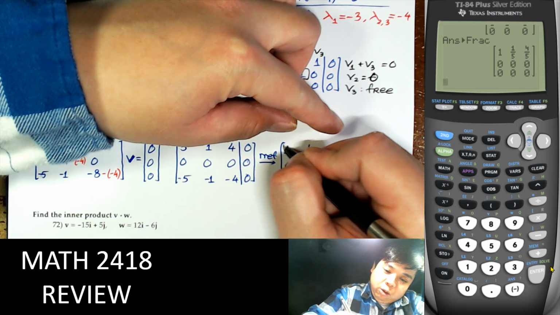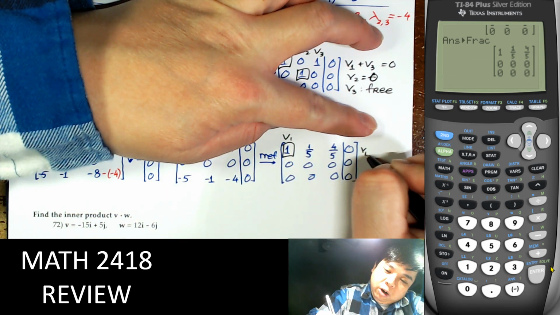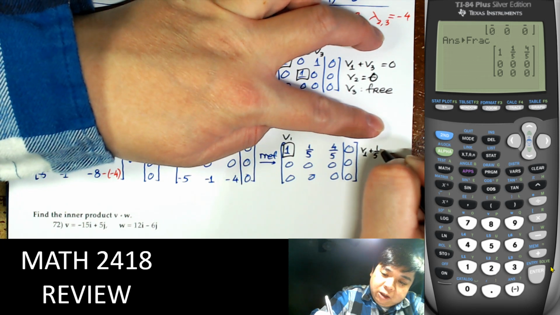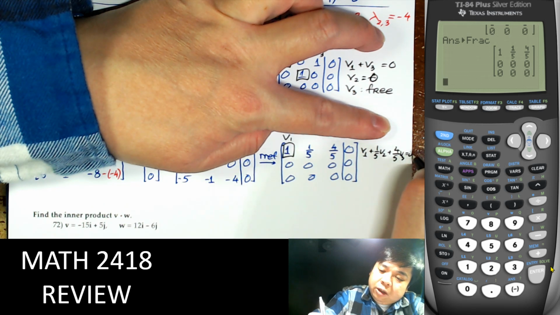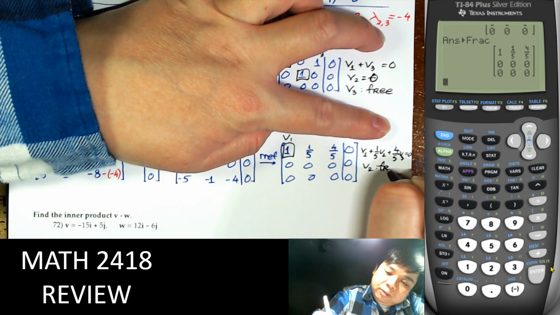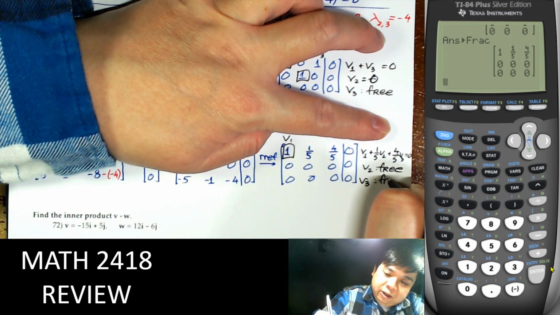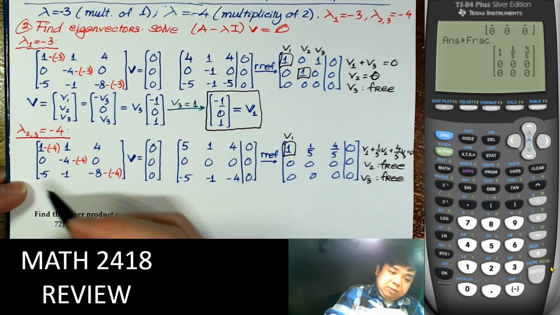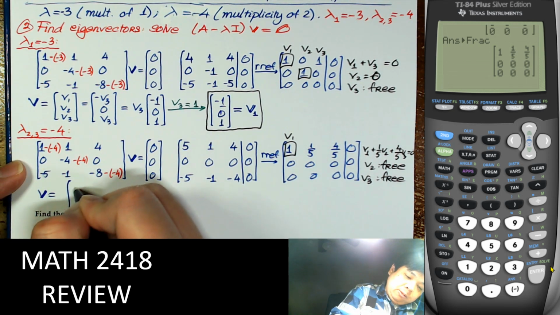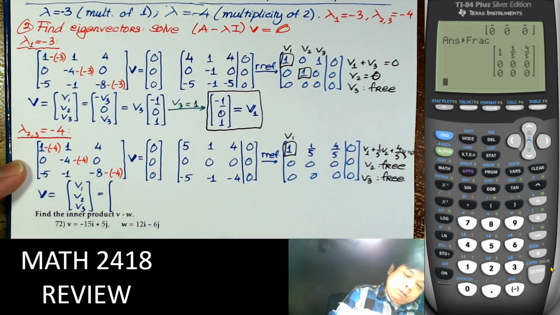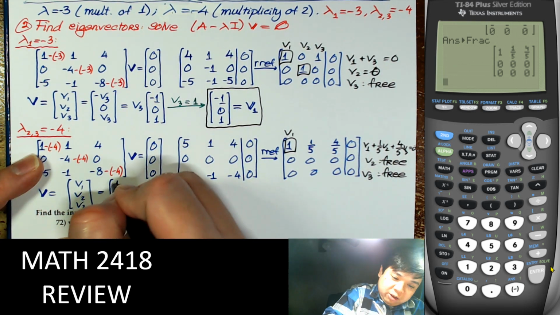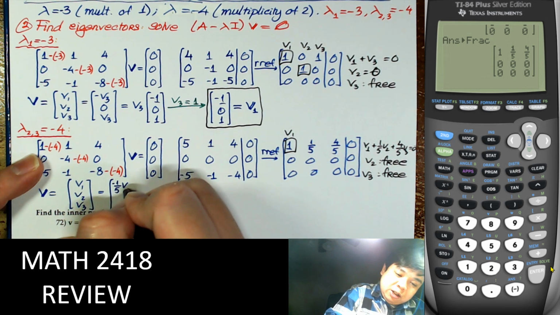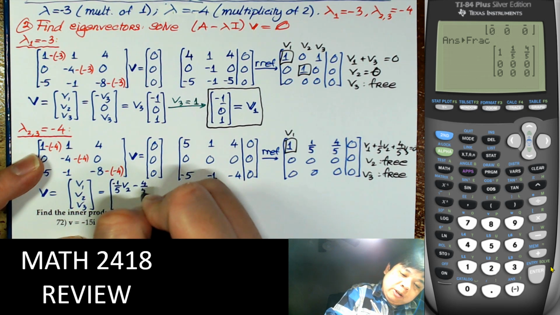So we have only one pivot here for V1, and V1 plus 1/5 V2 plus 4/5 V3 equal to 0. V2 is free, V3 is free. So with that, we write the equation as, if we solve for V1, we have to subtract this on the other side, so negative 1/5 V2 minus 4/5 V3.